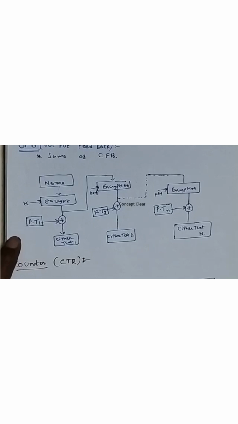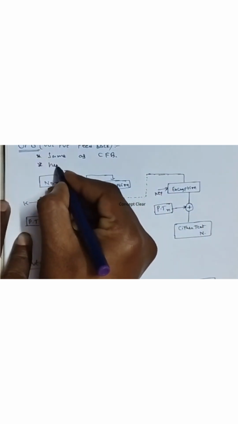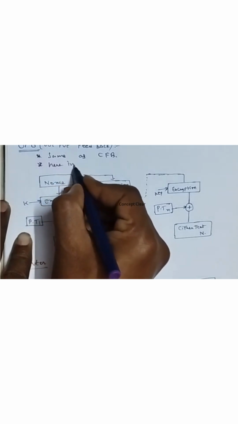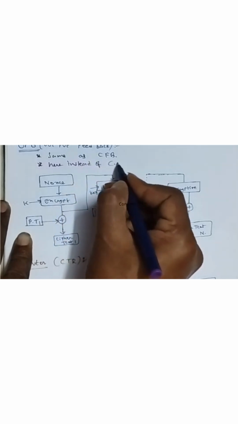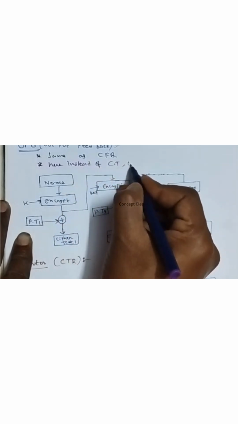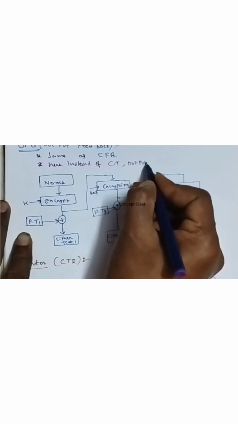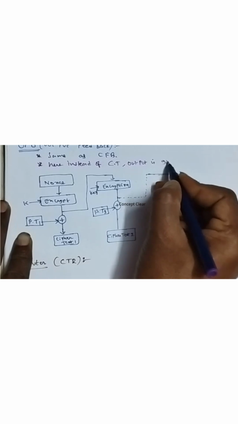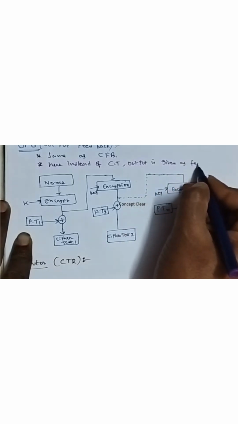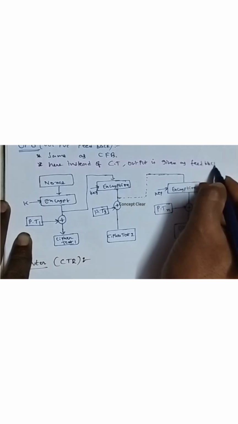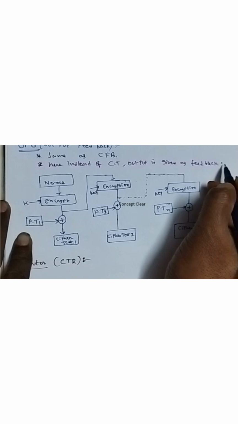What is the difference here? Instead of ciphertext, the output is given as feedback.